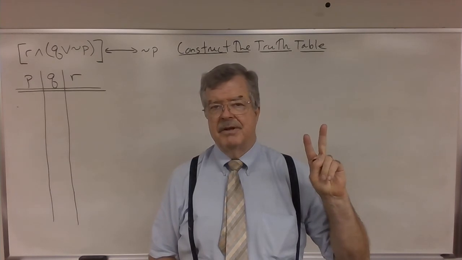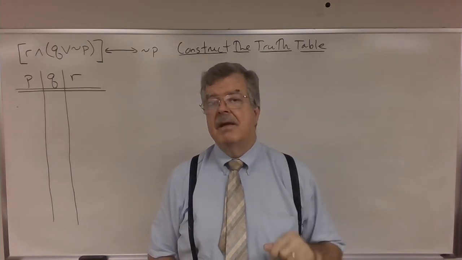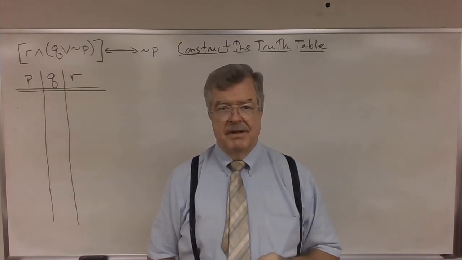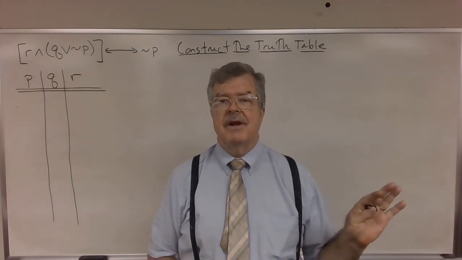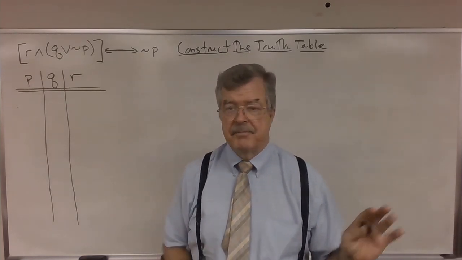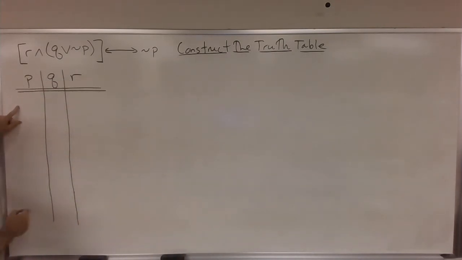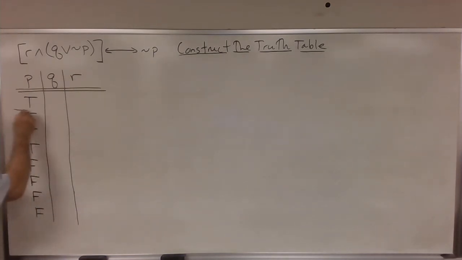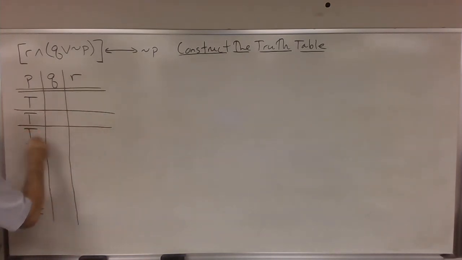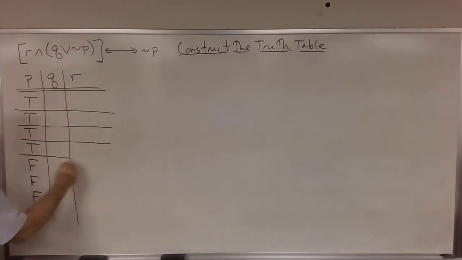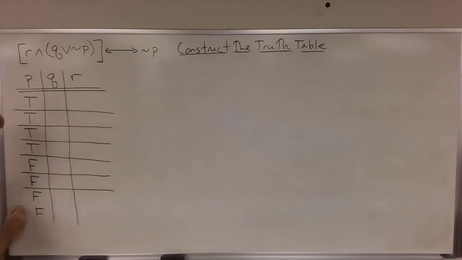Only 2 possibilities for P. But with each of those possibilities, there are 4 different combinations for Q and R. So, we put 4 trues and then 4 falses. And this will allow us to cover all possible combinations of truth values for P, Q, and R.